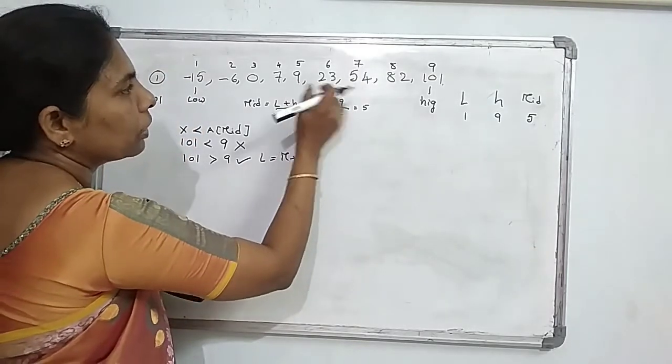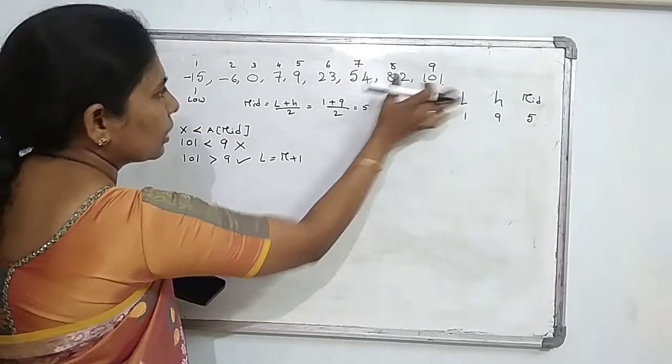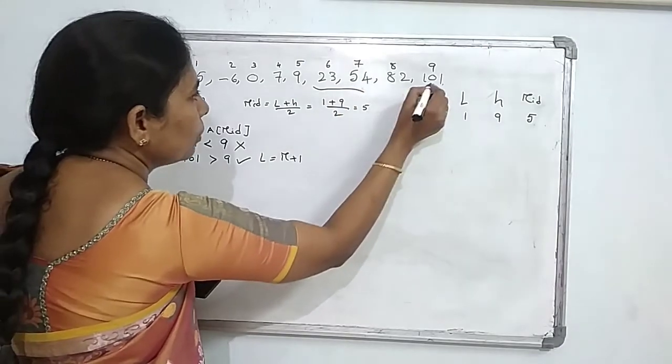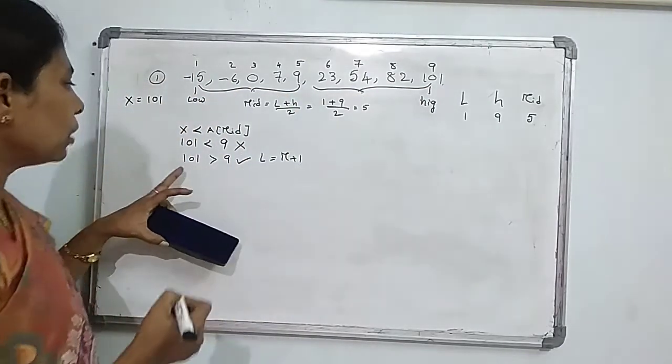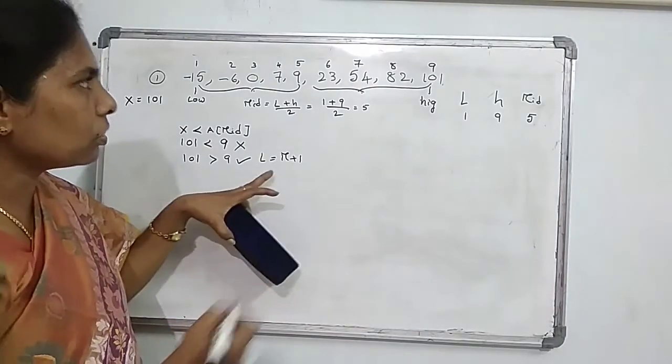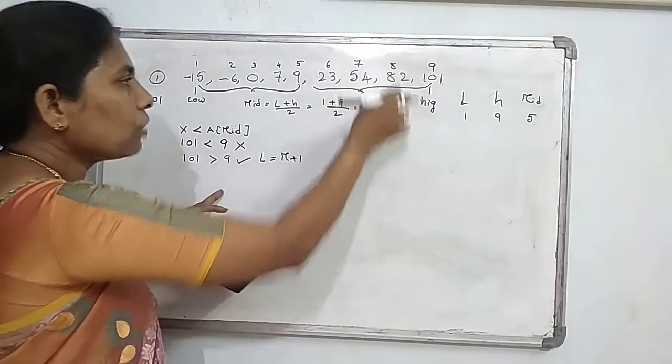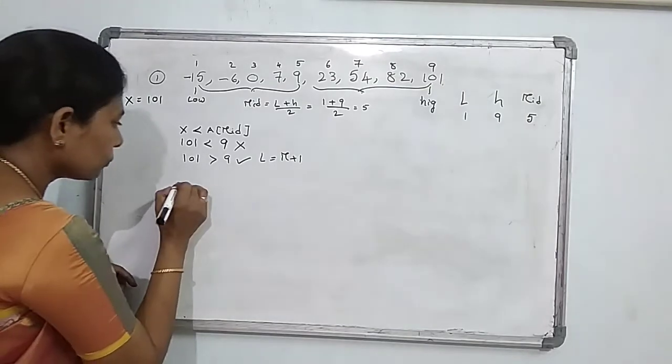Now you can take the second part. This is the first part and this is the second part. In that, 101 is greater than 9, so in that case you take this part and find the process within it.